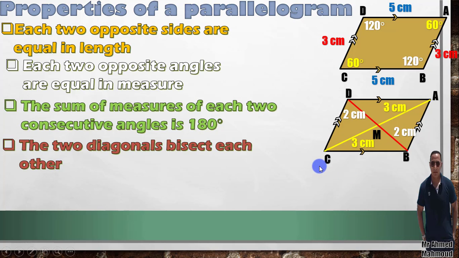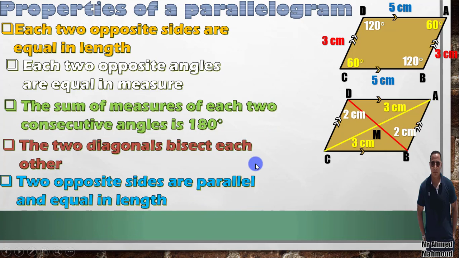Now the last property: two sides are parallel and equal in length. What does it mean? If I have two opposite sides like this, which are parallel and equal, then this shape is a parallelogram.